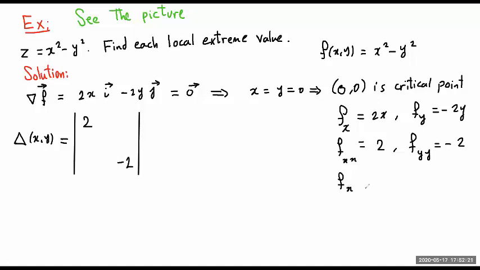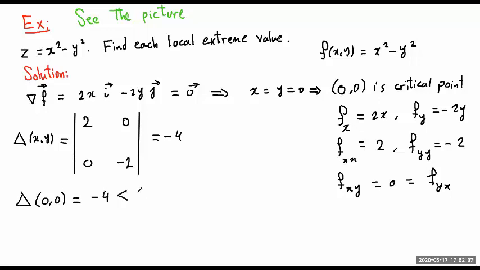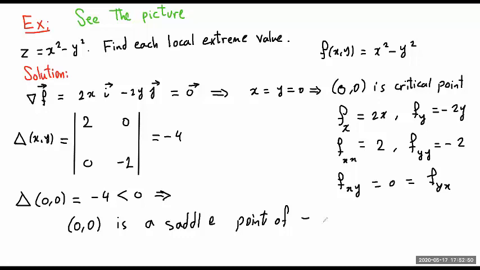Let's calculate f_xy, it's 0, and also f_yx is 0, so here 0, 0. So delta equals minus 4 for each (x, y). So delta at (0, 0) is minus 4, negative. So the point (0, 0) is a saddle point of the function z equals x squared minus y squared.